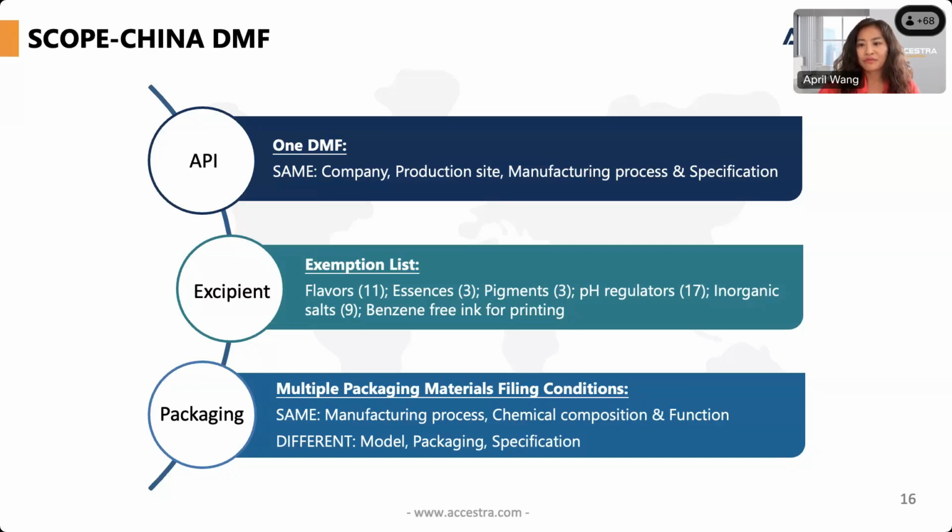The rules for defining what counts as 1 DMF have general principles, including if the packaging components have different models, sizes, and specifications, and meanwhile, the manufacturing process, raw materials, and functions are all the same, they could be registered under 1 DMF.